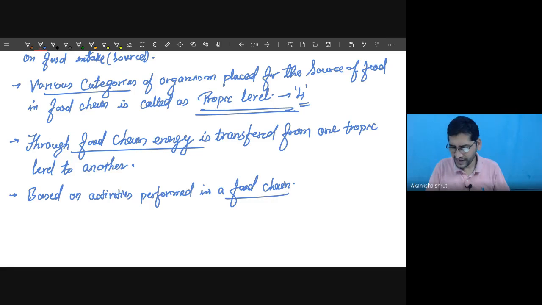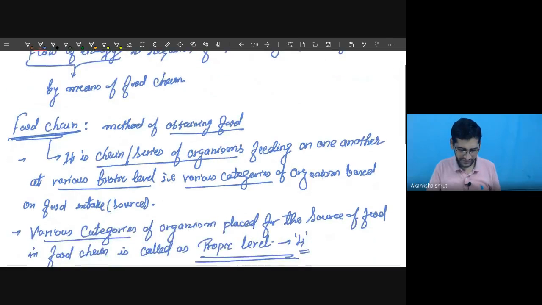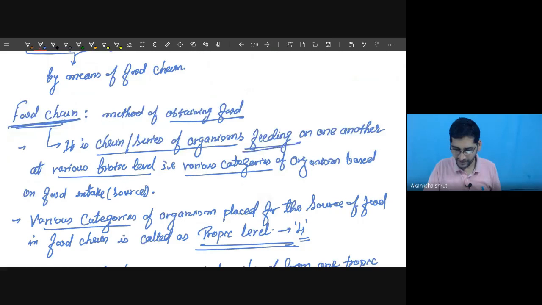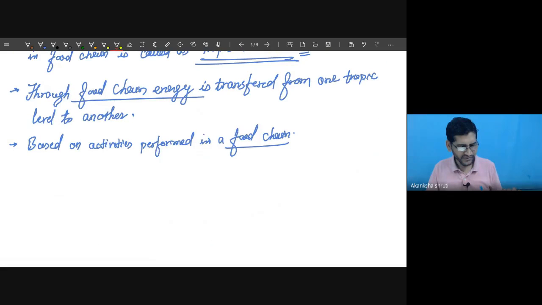What is a food chain? I have already explained. Do not forget the flow of energy, or how the feeding is. The feeding of one on another is simply called the food chain, meaning the feeding habit or the ways of taking food.